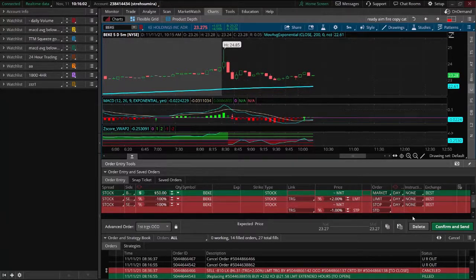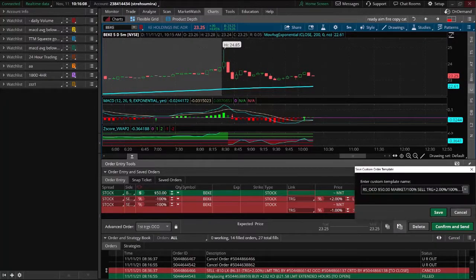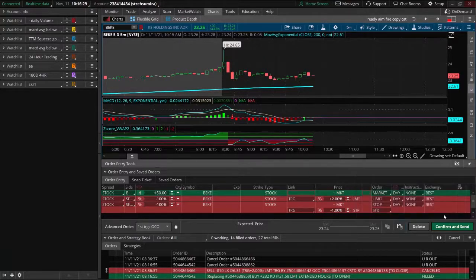And what I am going to do then is save this. If you go down here, save custom order template, let's give this a name. Just so it's top and front, I put a couple ticks in front, and let's just go with $50 test buy, 2-to-1 ratio. Okay, now we have our template all set up.